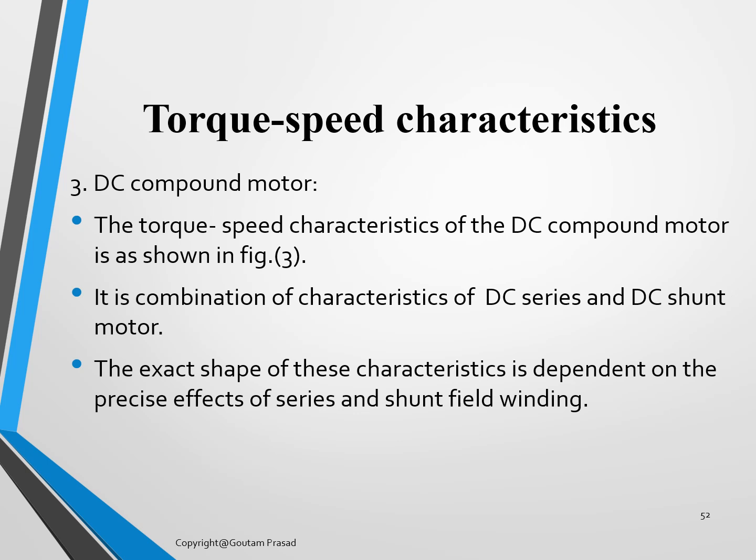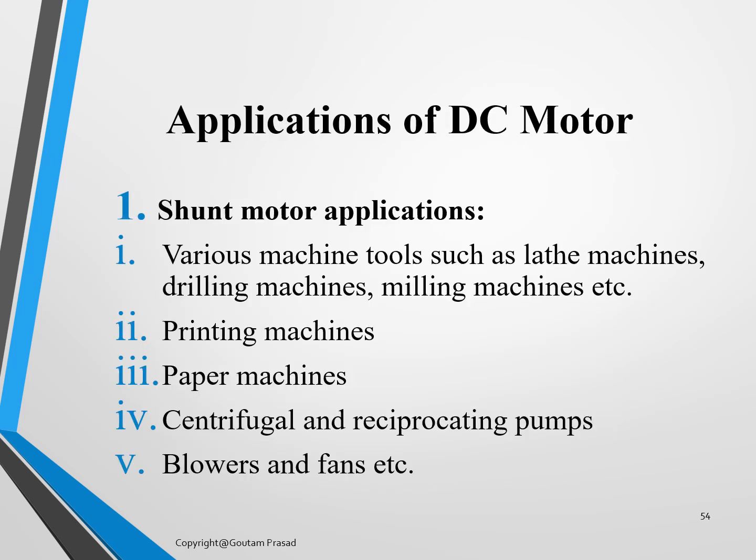In the case of the DC compound motor, which carries a characteristic that is a combination of these two, we have got two types of compound motors. One is called differential compound motor, and the other is called cumulative compound motor.